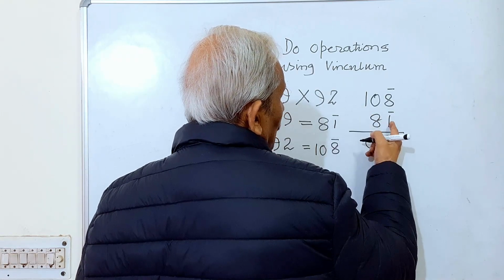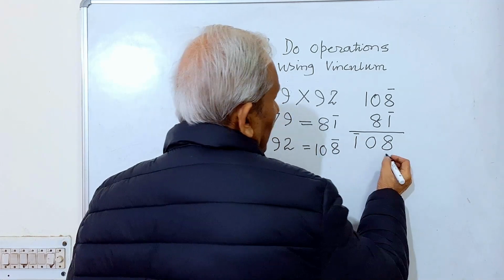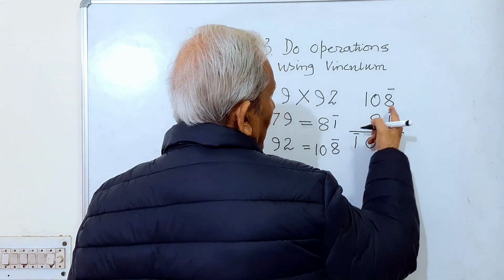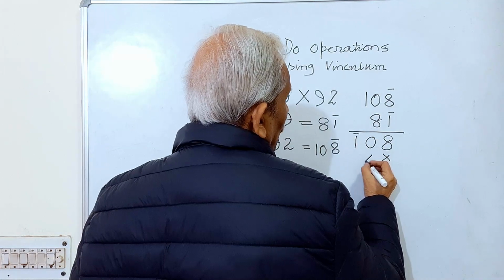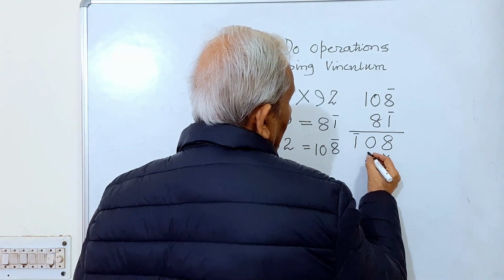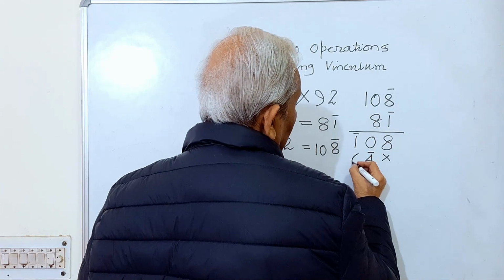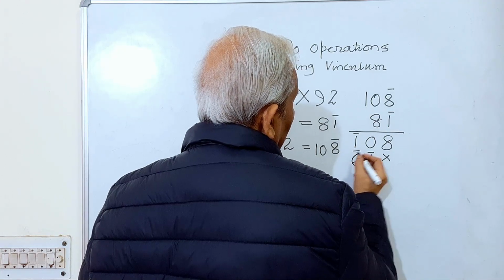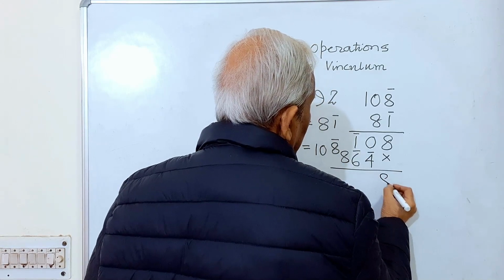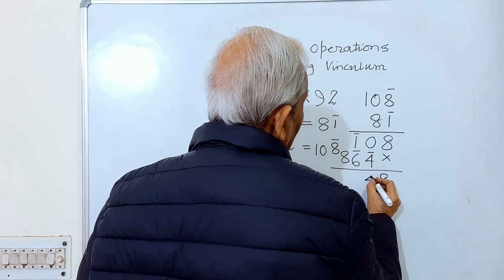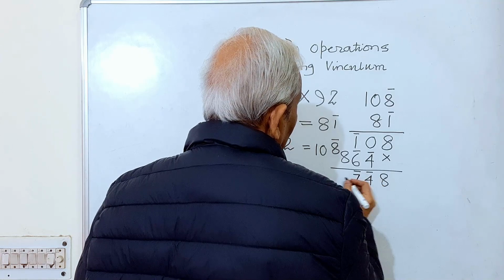And then 1 into 1 bar is 1 minus. 1 negative, 1 bar. And here 8 into 8 is 64 bar. So write 4 bar here. And then 0 into 8 is 0 and 6 bar. And then 8 into 1 is 8. It becomes 8, 4 bar, 7 bar and 8.